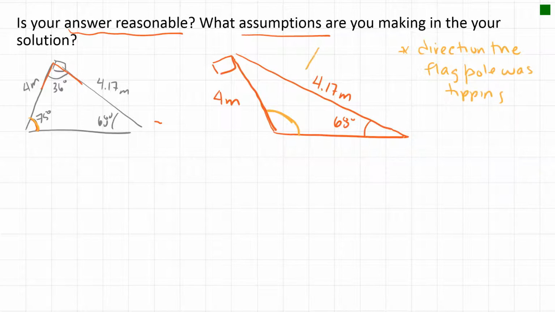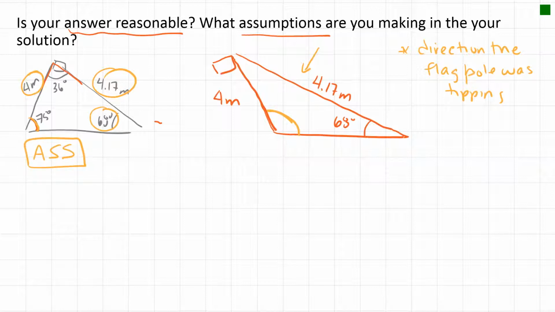In order to get this solution, it's the ambiguous case of the sine law, because notice here, this is the original piece of information, the three pieces. That is angle, side, side.